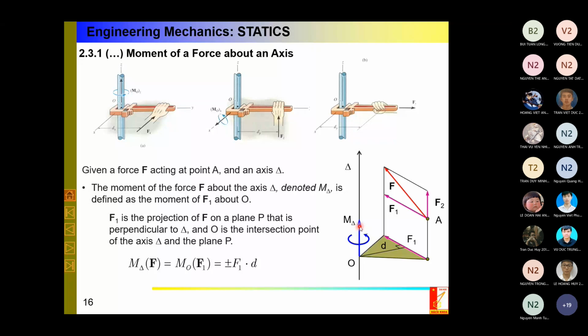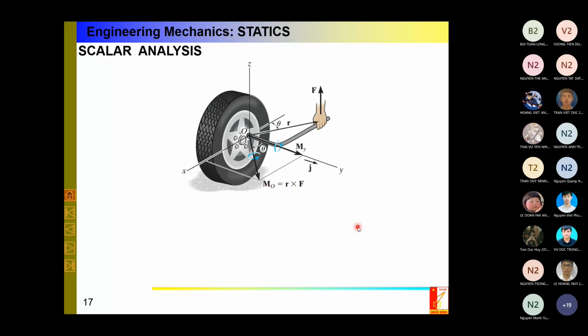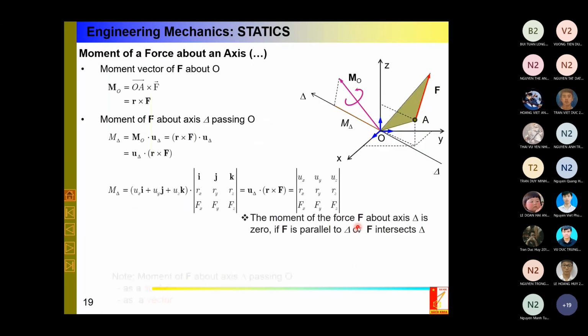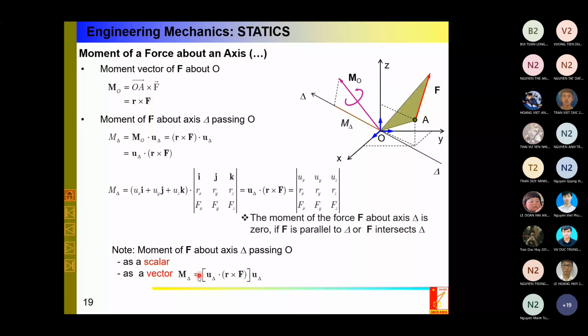But in the English or American textbook, all the time they specify it as a vector, because this magnitude is multiplied by the unit vector of delta, so I can define it as a vector. Like here, after calculating the triple product, I multiply it by the unit vector. So the bracket looks like the magnitude of this vector, and the second one is the direction of the vector.